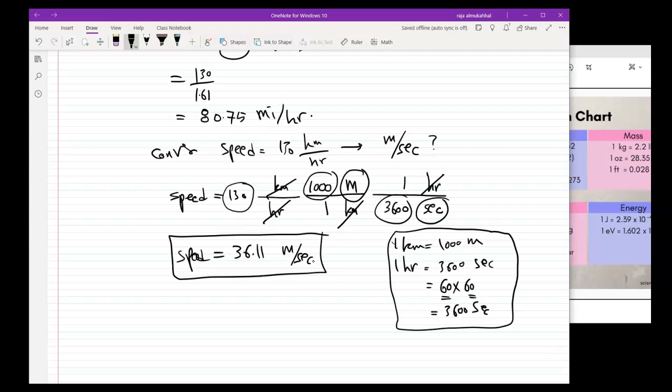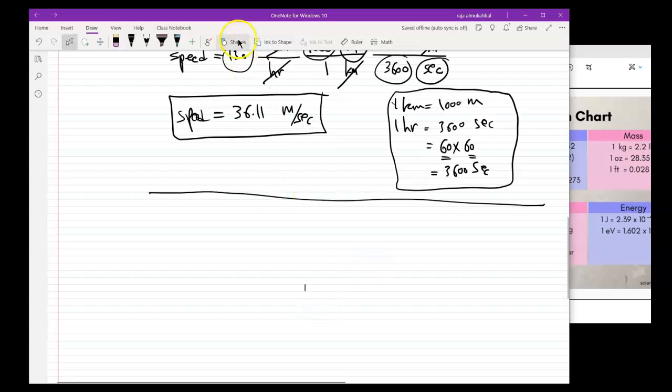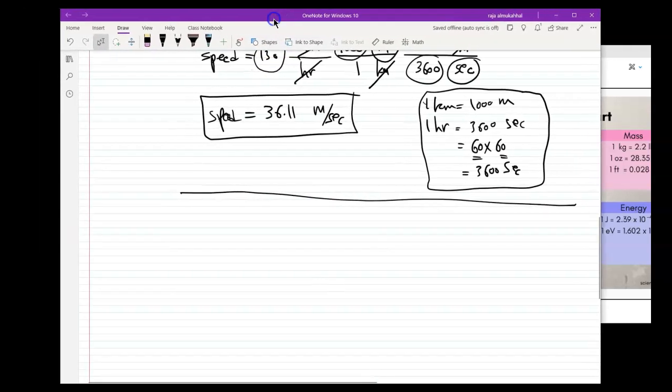I'm looking up some notes here. Here's an interesting one. Suppose, for example, let me just move this a little bit to the side. Okay.